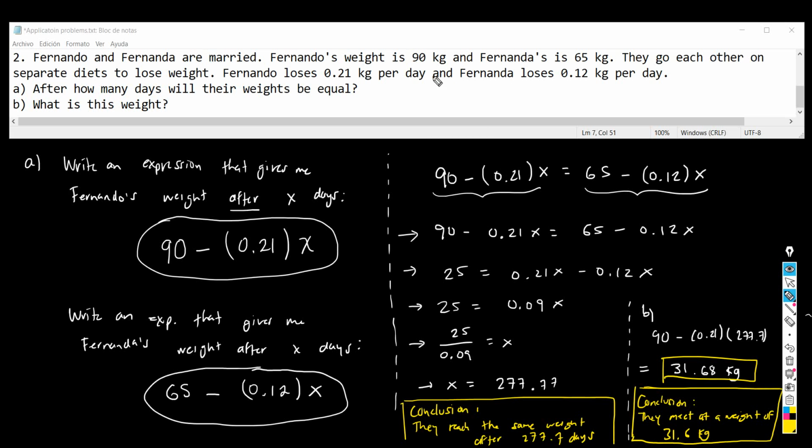This is what happens when the author of a problem doesn't check whether the problem makes sense in real life terms. The problem is perfect. There is nothing wrong about the problem, but we know that this is not going to happen in real life. No one's going to go on a diet from 90 kilograms to this many kilograms.